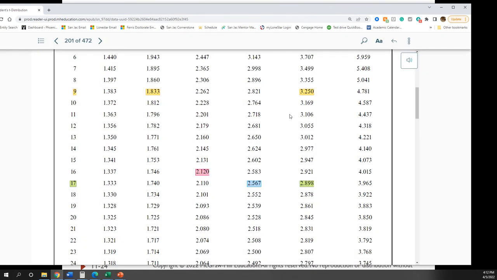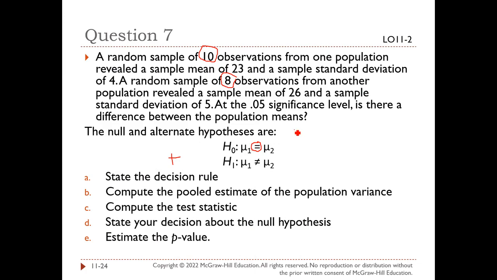So that basically means right here that t is either going to be greater than 2.12 or it cannot be less than negative 2.12. Okay, now it's time to compute the pool.